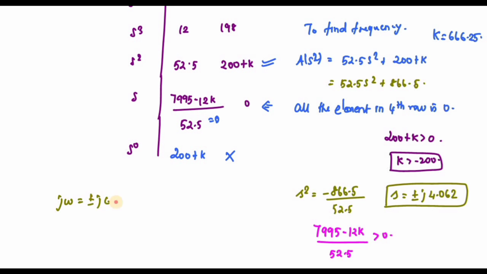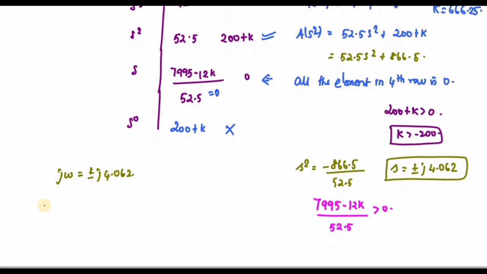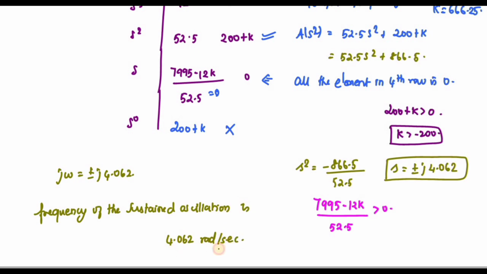If I substitute s equal to j omega, the j gets cancelled, and the omega value is nothing but the frequency of the sustained oscillation. So it is equal to 4.062 radian per second.